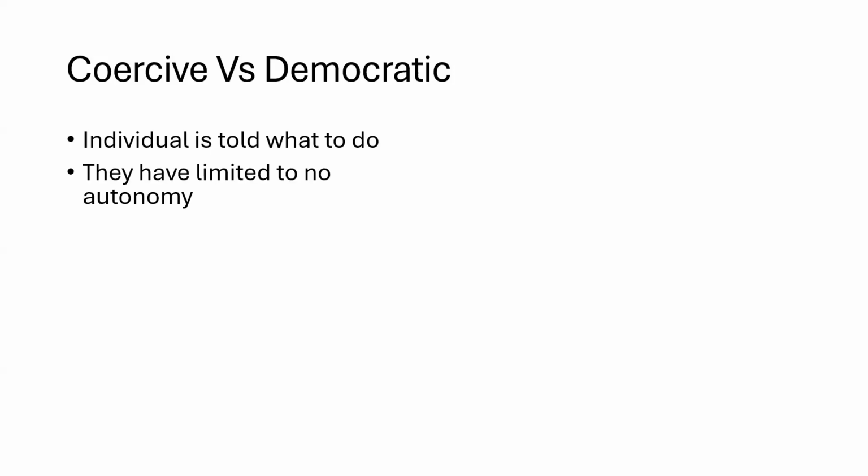In terms of the impact on the individual first, with coercive leadership, the individual's told what to do. They have limited to no autonomy in these relationships. You might hear things like, you're paid to do, not to think. Quite rare really, but certain organizations still have elements of that.